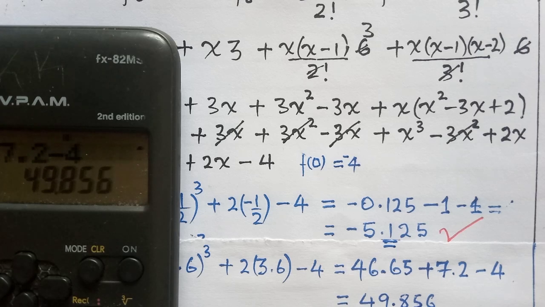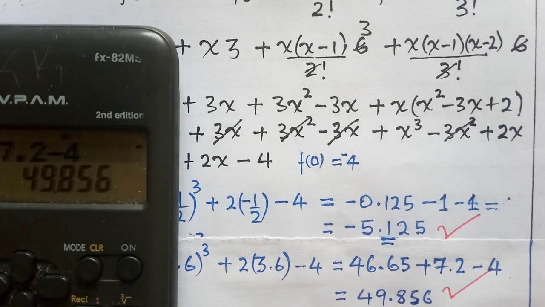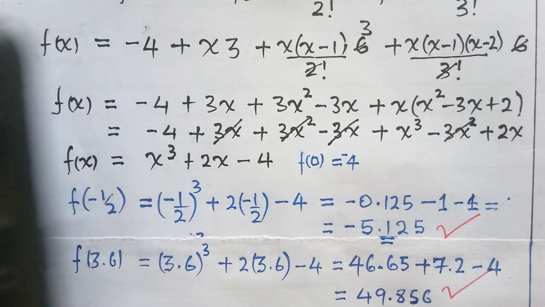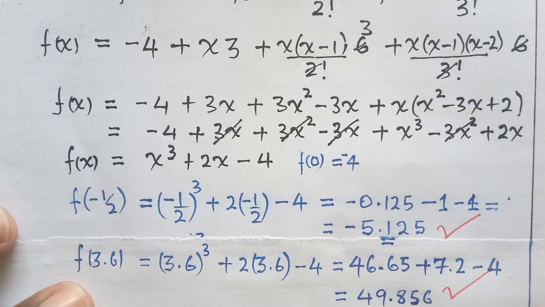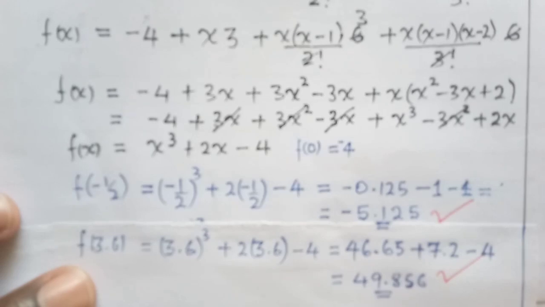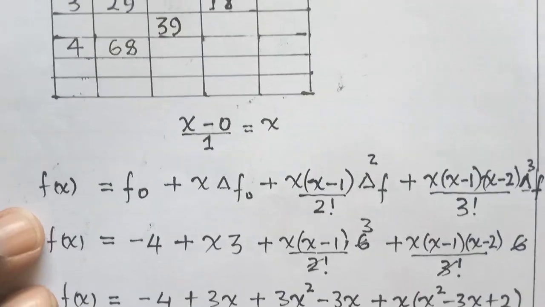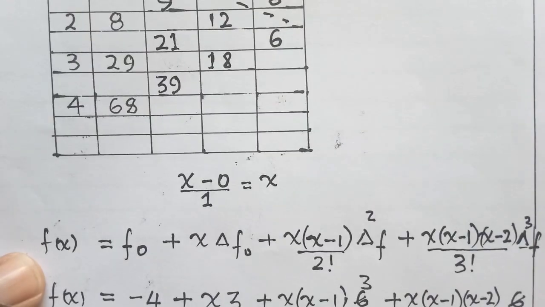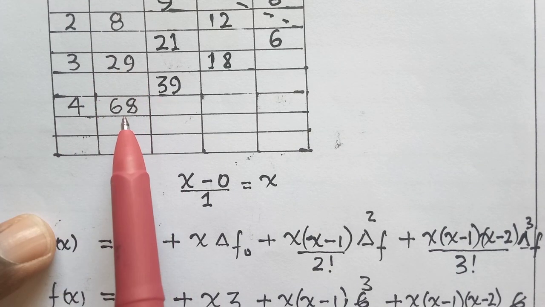We can check and see whether the number we have found is between the upper and the lower values given in the table. Guys, that is also another check we can use. 3.6 is supposed to be between 29 and 68.